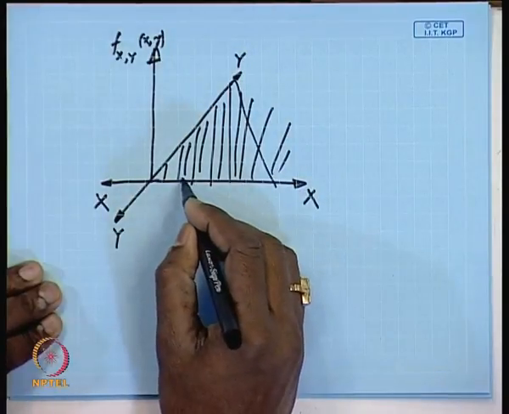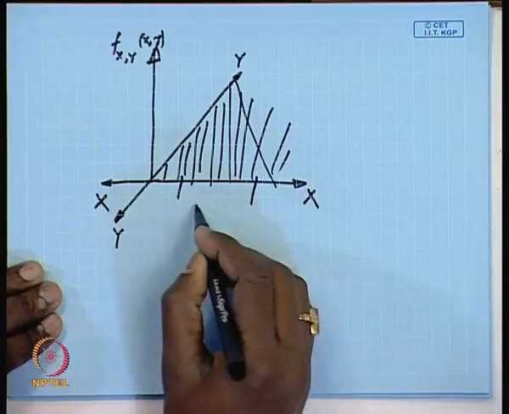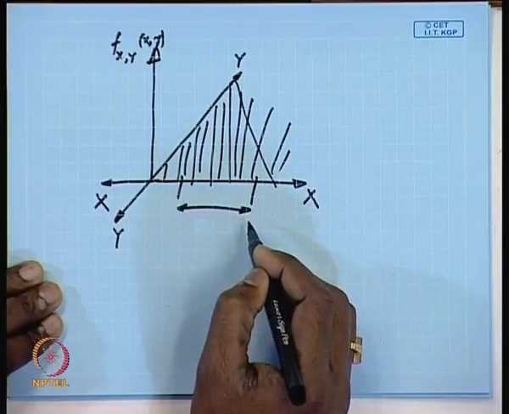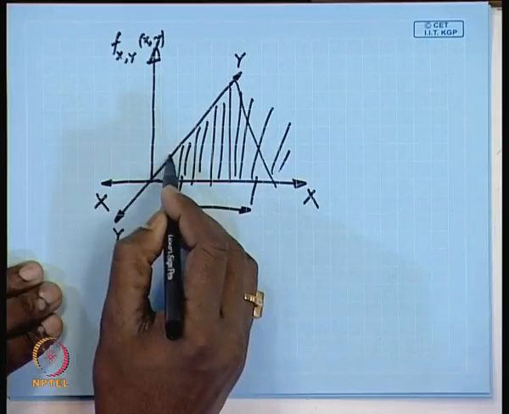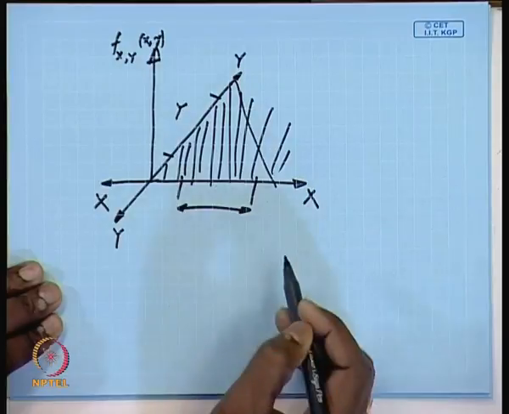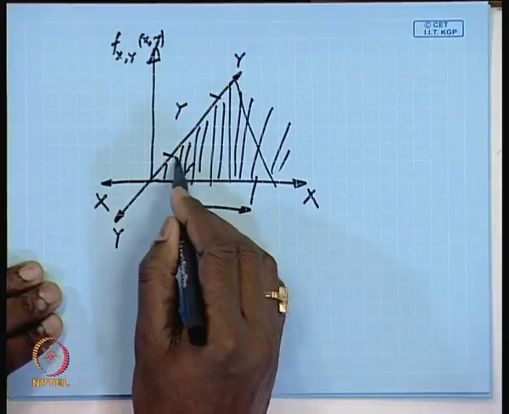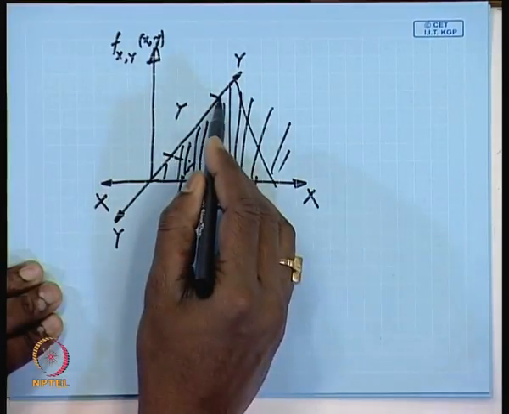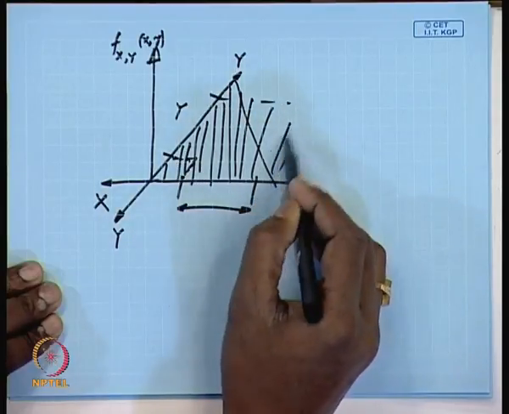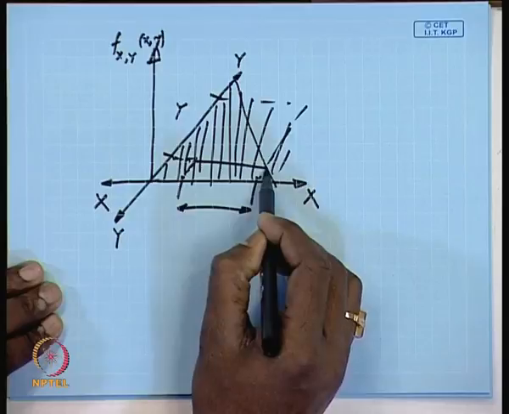Now suppose the possible range of x is from here to here. You know that this is called the support of the random variable, and say that this is the range, or the support, of y. Then this joint distribution is defined over this area.